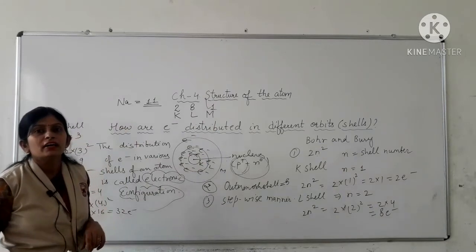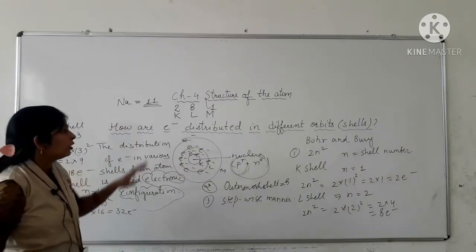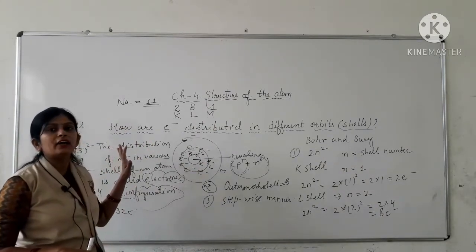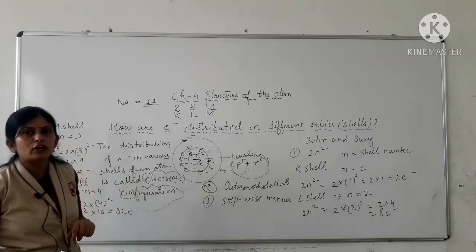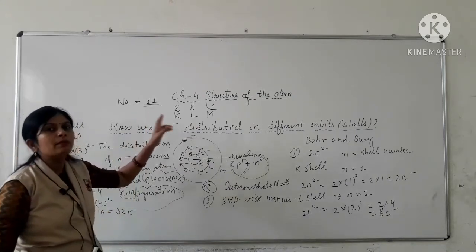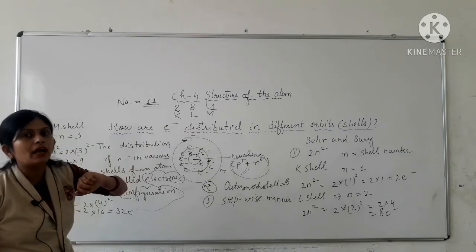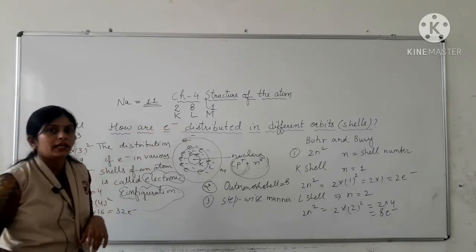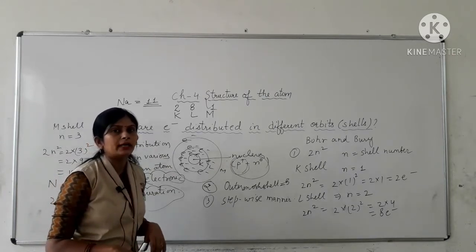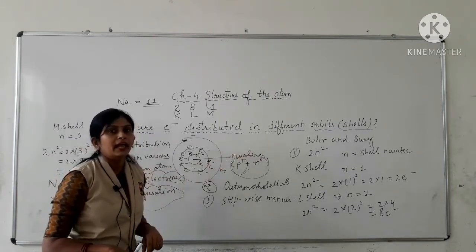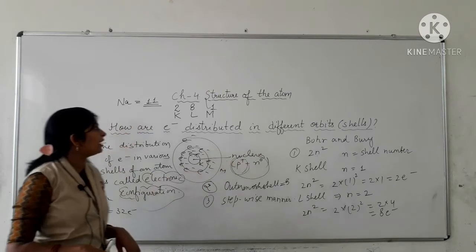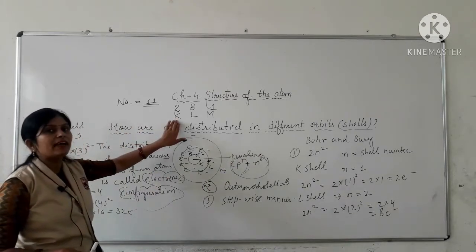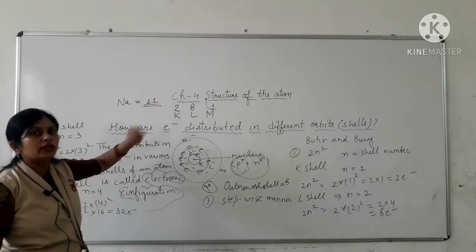So here we have followed all the rules regarding electronic distribution or electronic configuration. The maximum number of electrons that can be accommodated in a given shell can be calculated by the formula 2n square. According to this formula, K shell can have a maximum of 2 electrons, so it has 2 electrons.